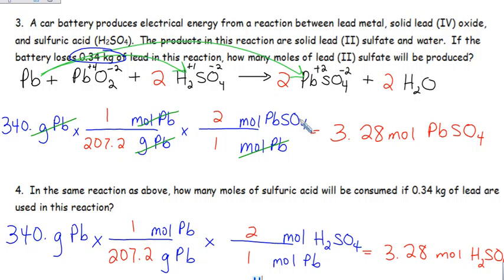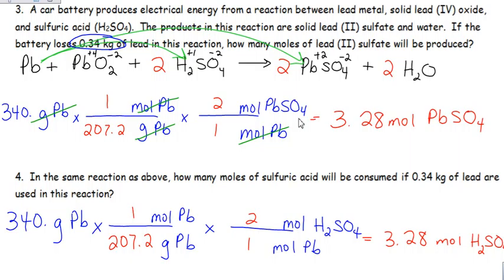Nice, huh? And again, once you get used to this setup, you get in a rhythm. Now you could switch it to anything in that equation. We're starting with 340 grams of lead. We could switch it to whatever particle we wanted.